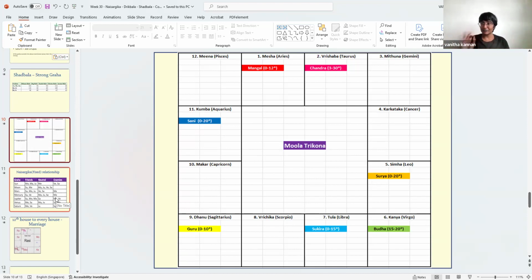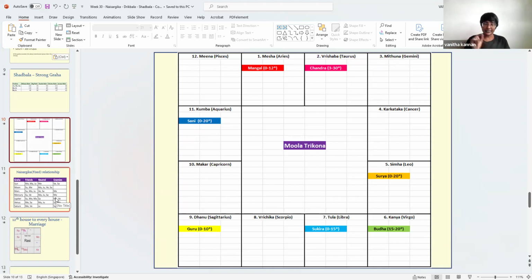This relationship is fixed. That is called the Naisargika relationship, or Naisargika Maitri, they call it by different terms. It is a relationship among the grahas: which graha is a friend, which is the enemy, or which plays a neutral role. This is what we are going to see.